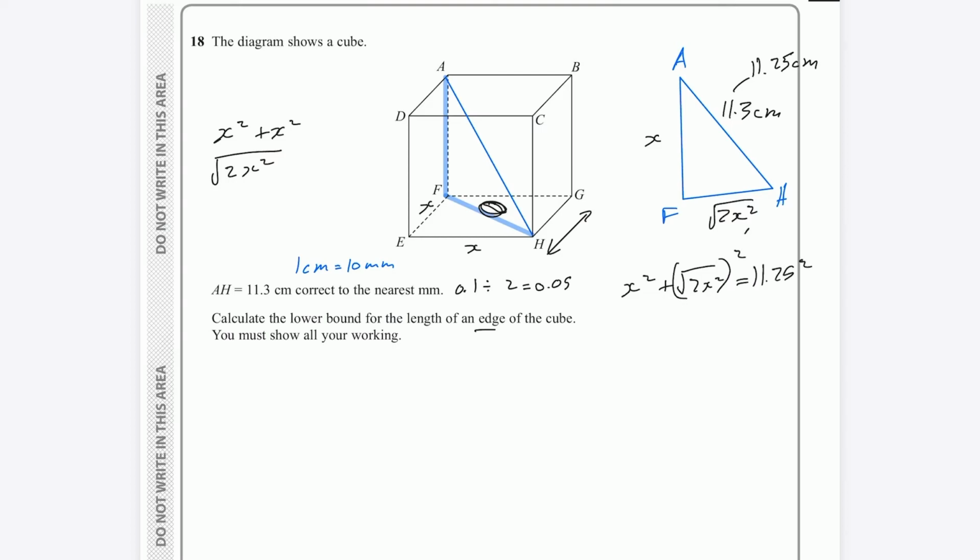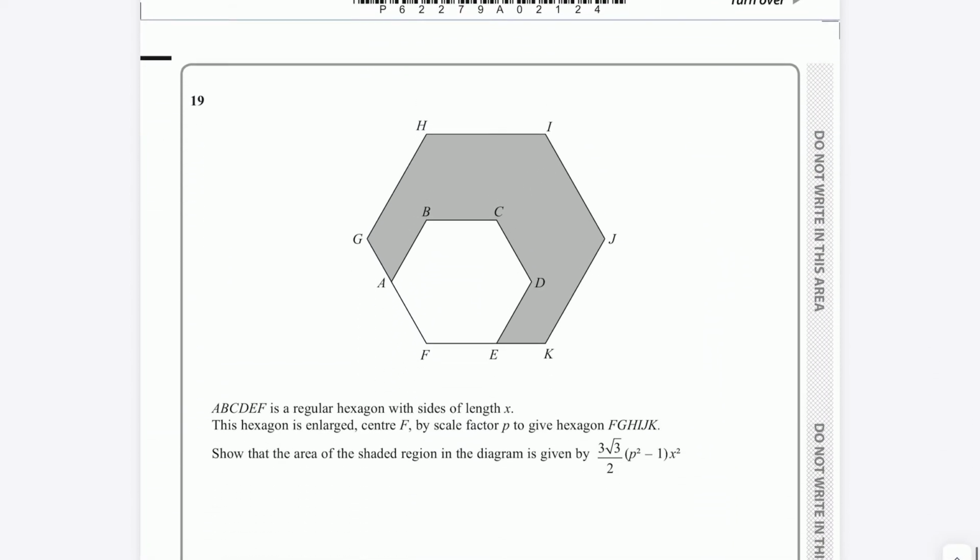With this bit here, the square will cancel out the square root, so we have x squared plus 2x squared is equal to 11.25 squared, and then that's 3x squared is equal to 11.25 squared. Then divide each side by 3 and square root it, and you get x is equal to 6.49519058. So a bit of Pythagoras there, but hopefully that wasn't too difficult.